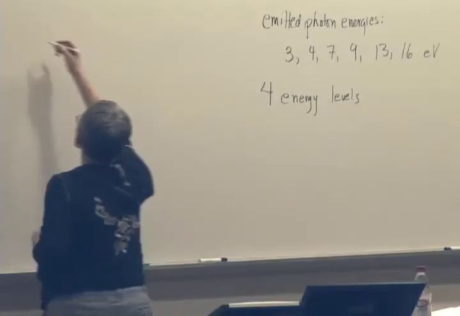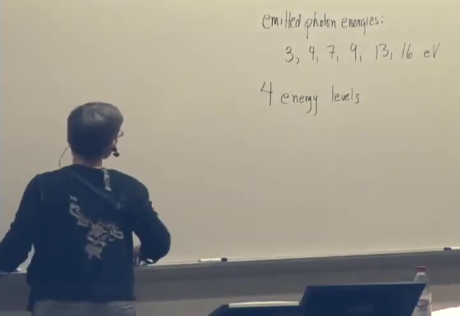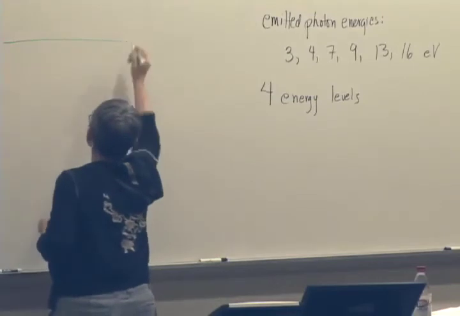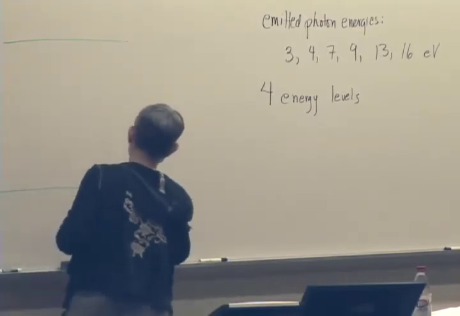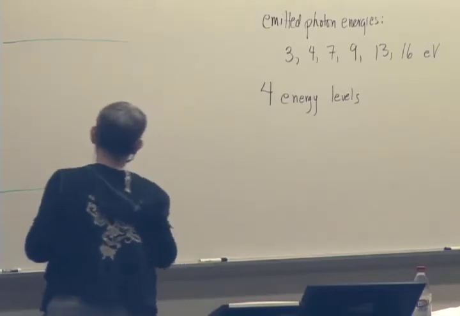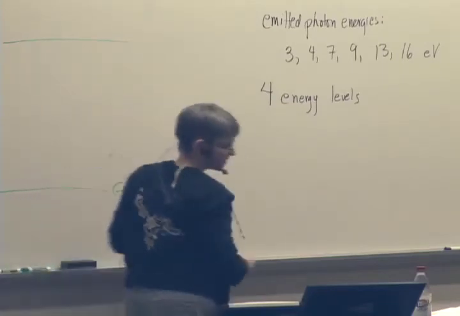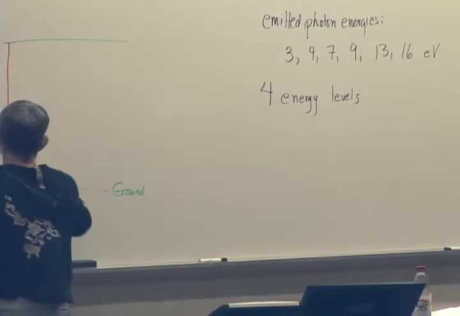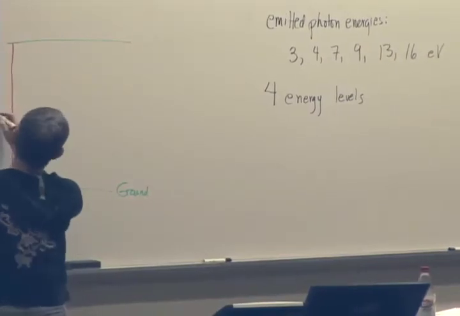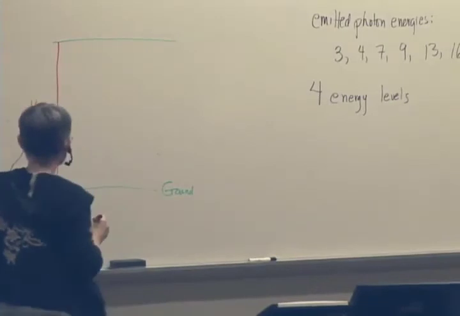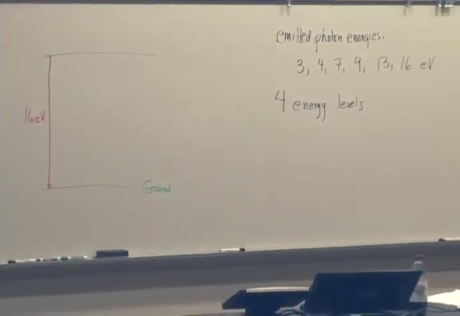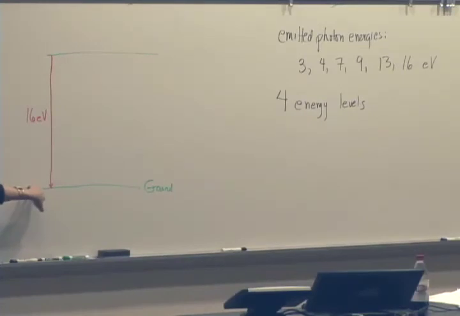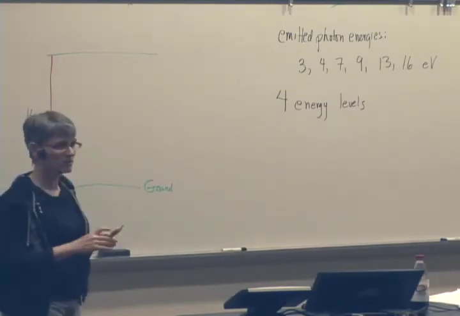So we can start out by saying, well, if this is the ground state, and that's going to be the top state, that biggest energy photon corresponds to that difference. So we can draw an arrow here and say that this is going to be 16 eV, the difference between these two states. Now, does that tell us the absolute value of this energy? It doesn't, does it? It's going to be negative, but unless we actually knew the ionization energy, we couldn't figure this one out.